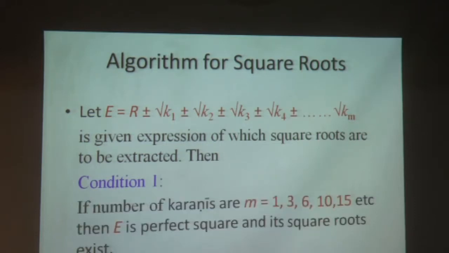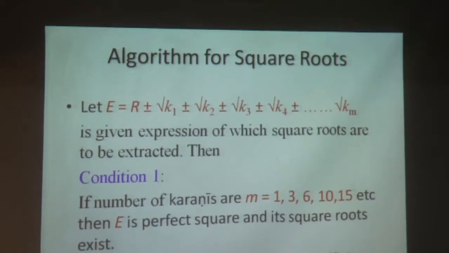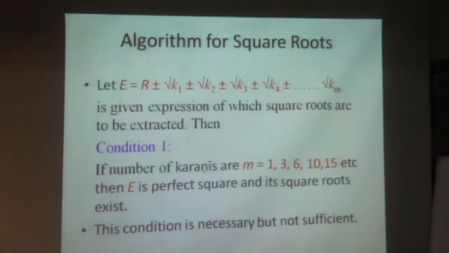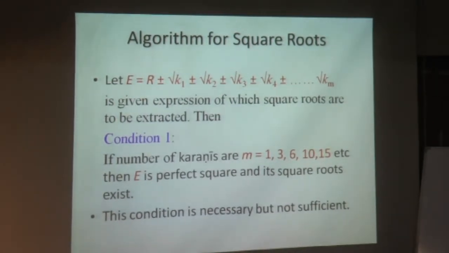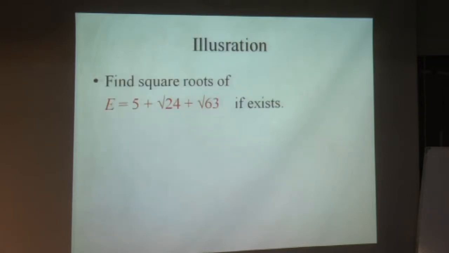The first condition stated by Bhaskara is about the number of Karanis that should be there in the expression. If that number is 1, 3, 6, 10, 15, again that type, n into n plus 1 upon 2 type, then only the square root of such an expression exists. Otherwise, Bhaskara said that while observing the expression, we can say whether the square root exists or not.